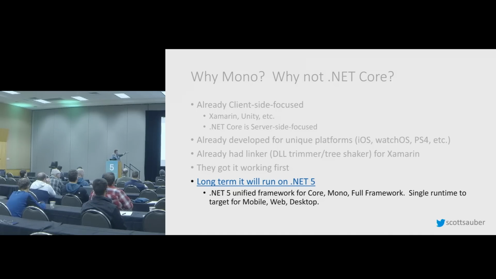And the reason why they chose 5 was because Microsoft is historically really bad at versioning, and this is no different. Currently they're on .NET Core 3.0, or it's in preview right now. And they have .NET Framework, which is like 4.8, 4.6, all that kind of stuff.